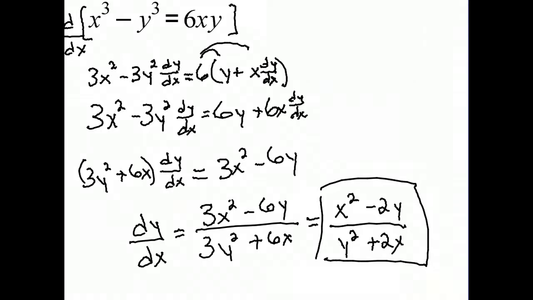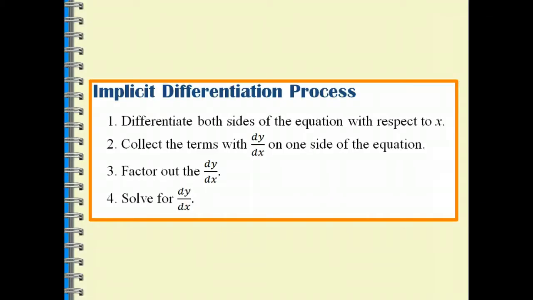So let's try to summarize things a little bit here, and let's look at the process of implicit differentiation. And that's what we're doing here. This is taking an implicit equation of x and y, and we're taking the derivative implicitly. And in both of these two examples, we followed this same four-step process.